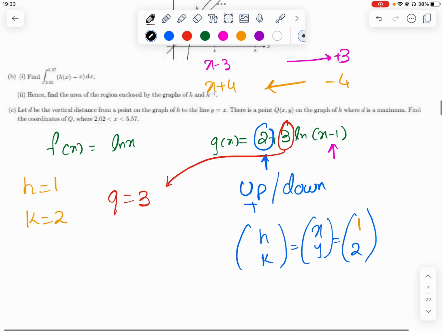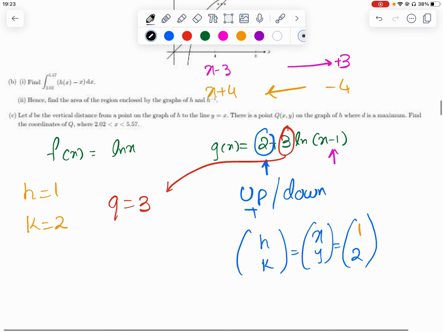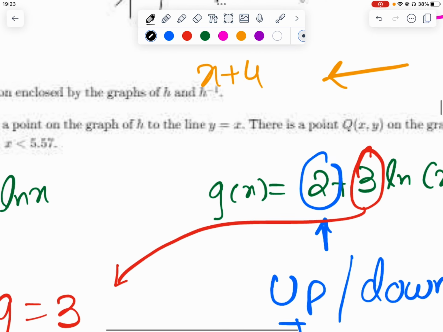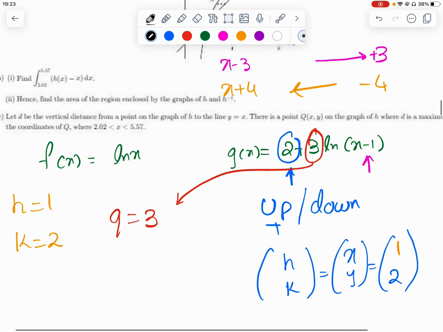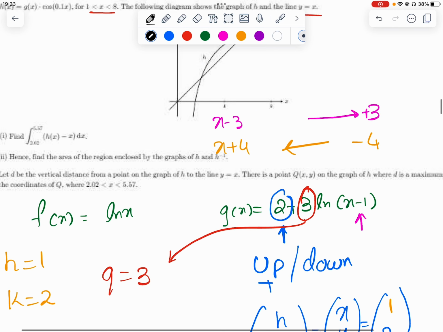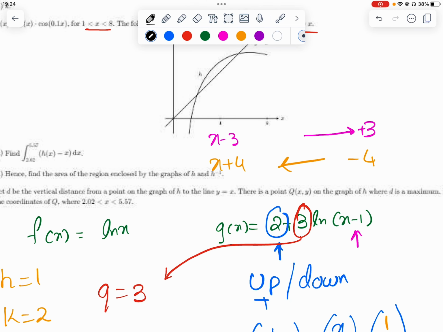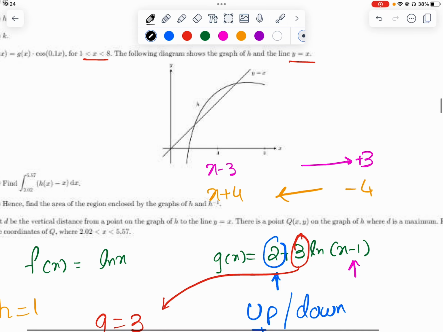Next part, hence find the area of the region enclosed by the curves H and H inverse. He's asking us to find the area between H and H inverse. We know that H inverse will be approximately in this way.